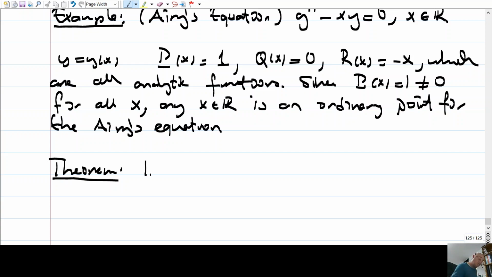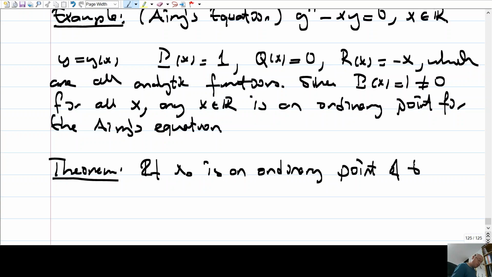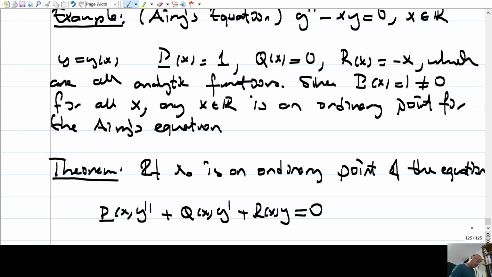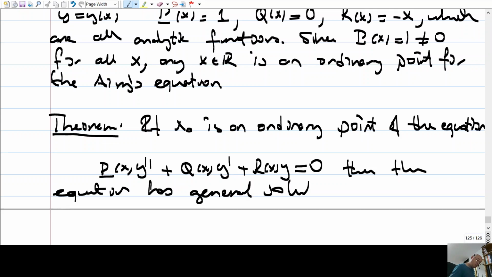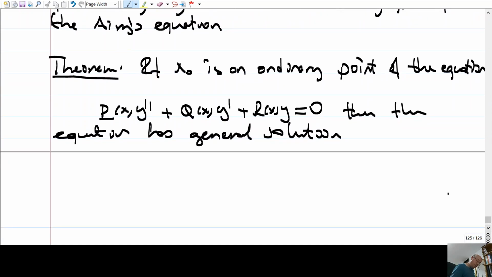Okay. So if x0 is an ordinary point of the equation p(x) y'' plus q(x) y' plus r(x) y equals 0, then the equation has a general solution of the form.